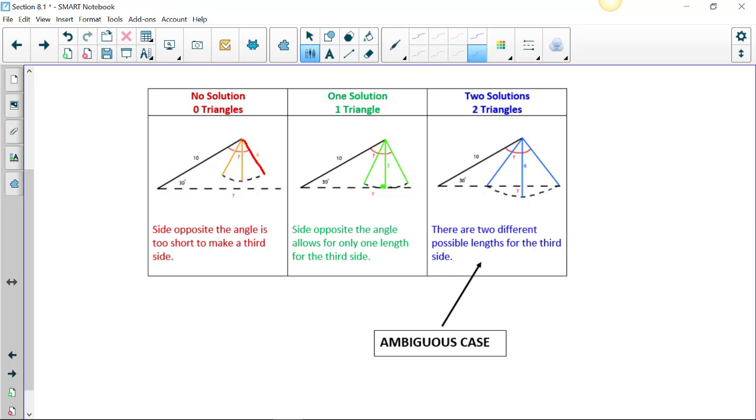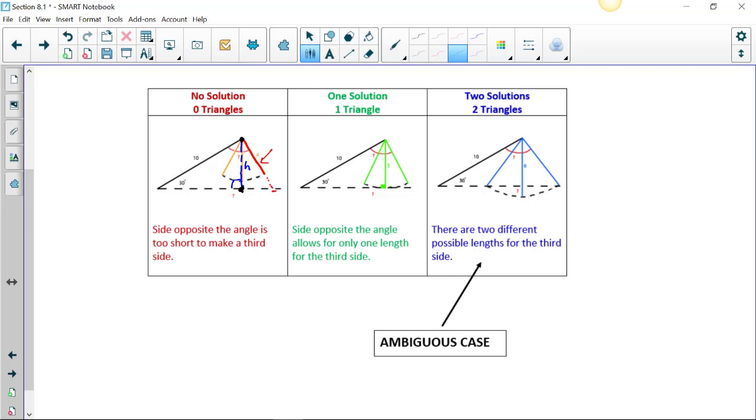In a lot of these pictures, they'll draw the altitude, which is the perpendicular distance from that vertex to the opposite side, because that is the shortest distance. So if the side opposite the given angle is shorter than that altitude, it's not going to be long enough to get down here to make the triangle. If it's too short, then you're going to have no triangle.